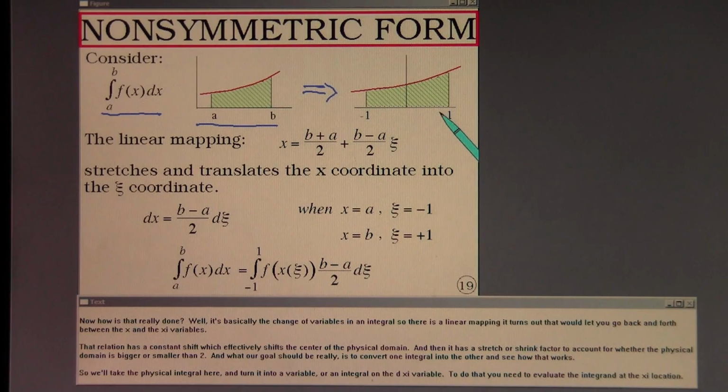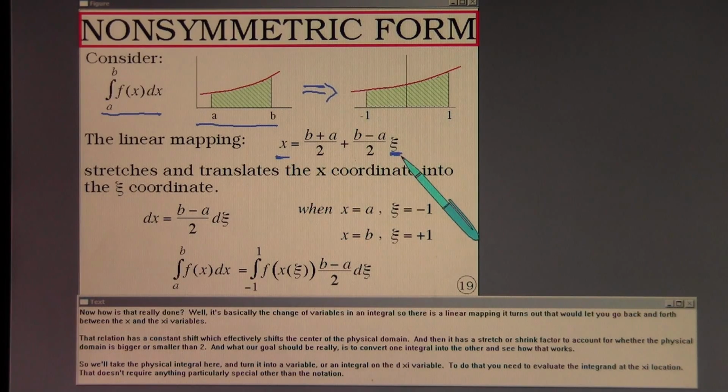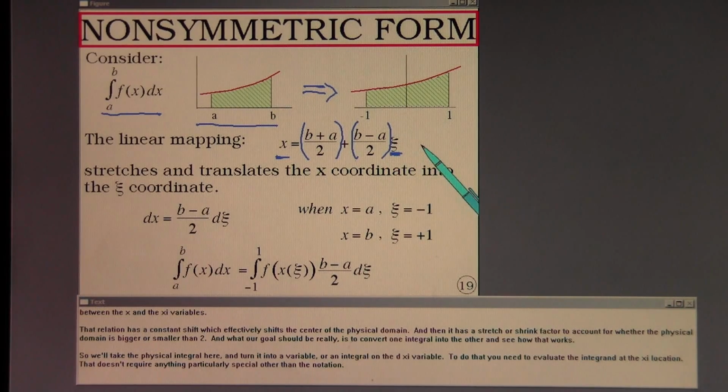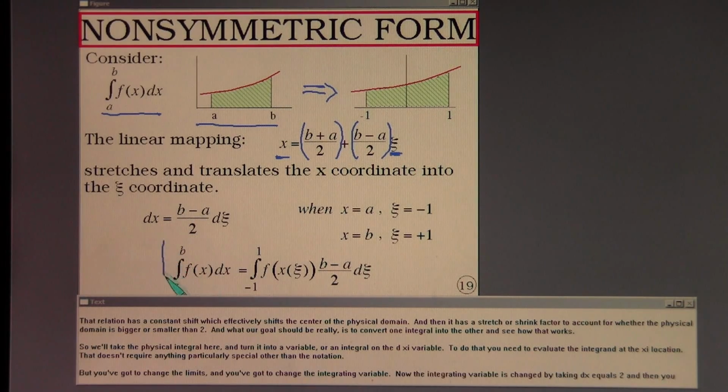So there is a linear mapping, it turns out, that would let you go back and forth between the x and the c variables. That relation has a constant shift, which effectively shifts the center of the physical domain, and then it has a stretch or shrink factor to account for whether the physical domain is bigger or smaller than 2. And what our goal should be really is to convert one integral into the other and see how that works.